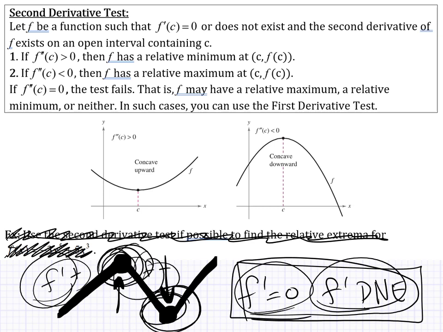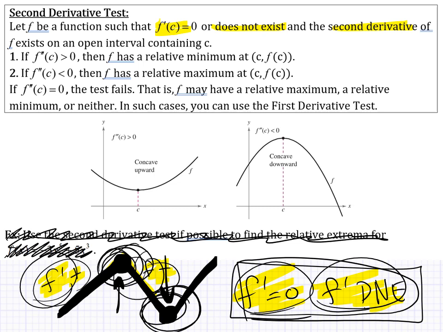What the second derivative test is going to say is that we're going to first find the critical numbers from the first derivative, where the first derivative is 0 or does not exist. But instead of using the first derivative to then additionally test those critical numbers, we're going to use the second derivative instead. So again, we're still finding the critical numbers from the first derivative because that is where we could possibly have a max or min. But instead of continuing to work with the first derivative and figure out where it is positive and negative and where it switches, we're instead going to look at the second derivative.